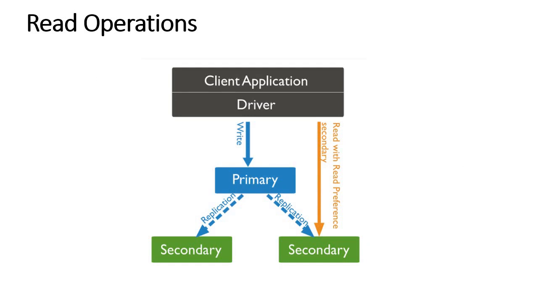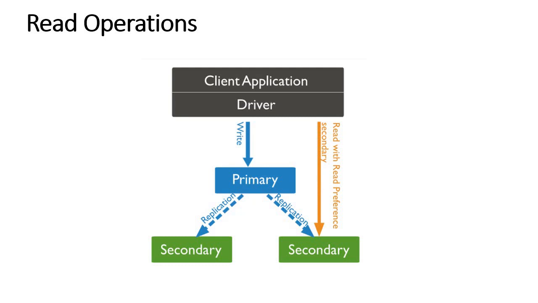Look at the read operation. For the read operation, by default the clients read from the primary. However, clients can specify the read preference to send the read operations to the secondaries. With asynchronous replication to the secondaries, the reads from the secondaries may return data that does not reflect the state of the data on the primary.